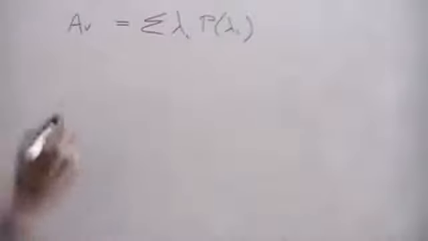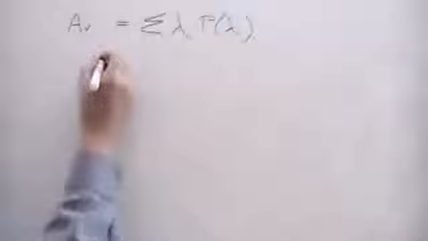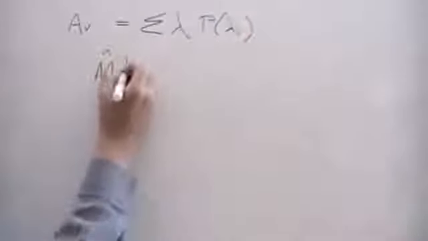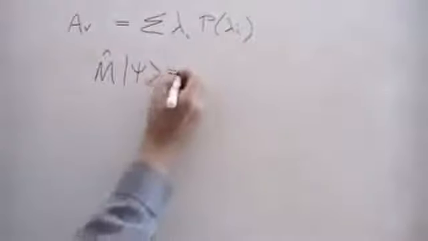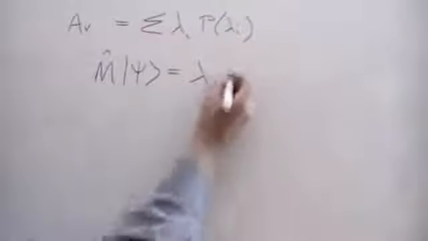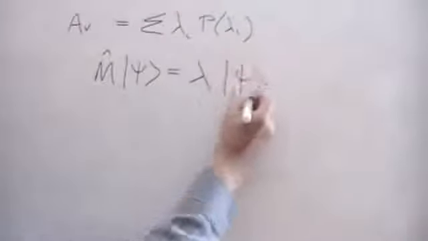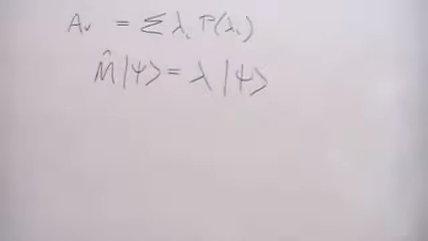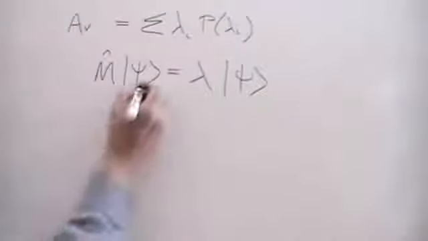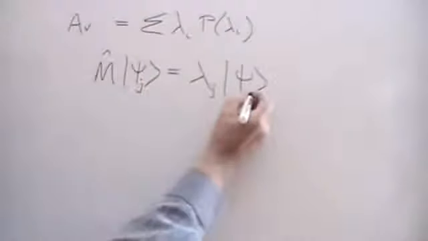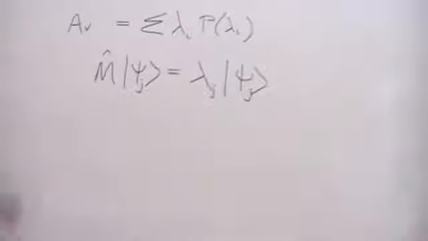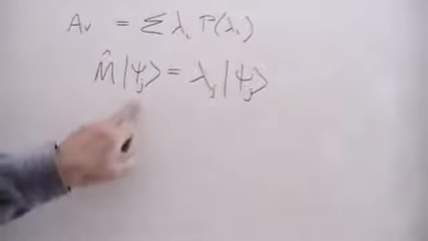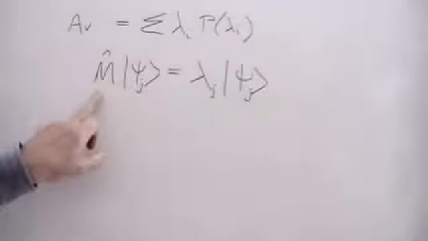So now I want to consider the time-honoured equation. An operator acting on a state psi will give an eigenvalue multiplied by the state psi. But to be complete, what we ought to do is to just put little j's here, because what we mean is that there will be several eigenvectors for this operator.